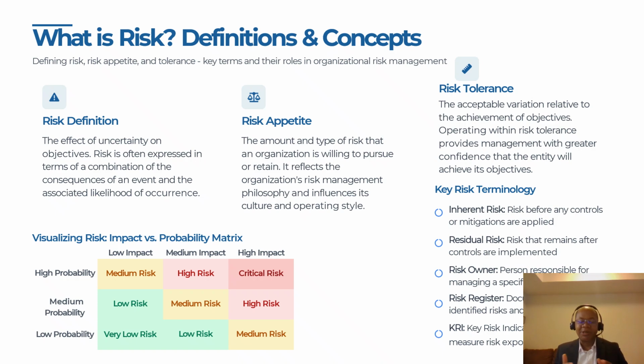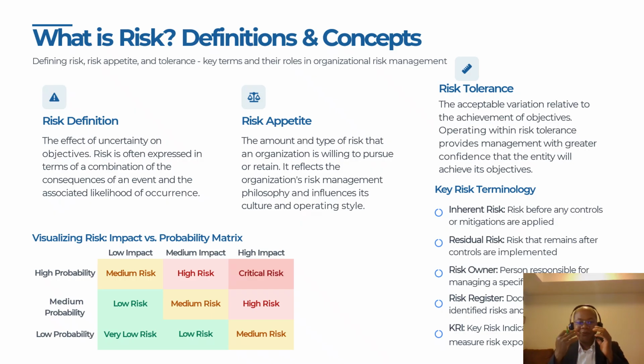Now, I defined risk initially as the product of the likelihood and consequence, the product of the probability of an event happening and the impact if it does happen.